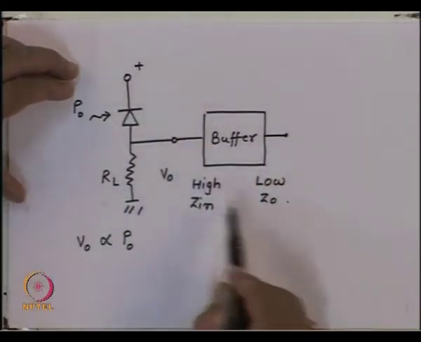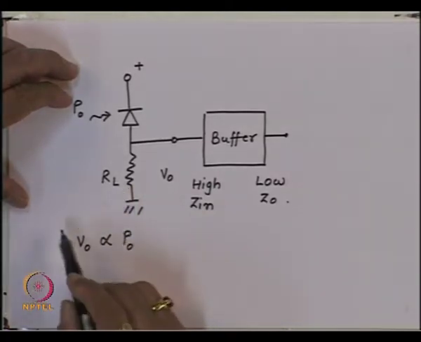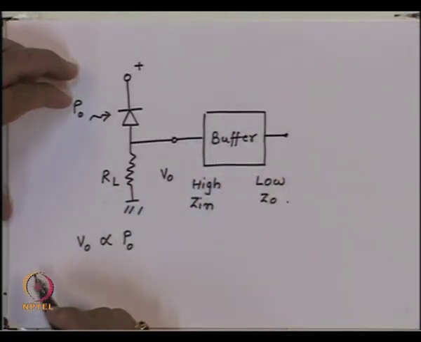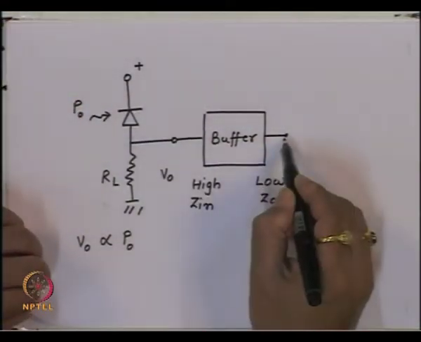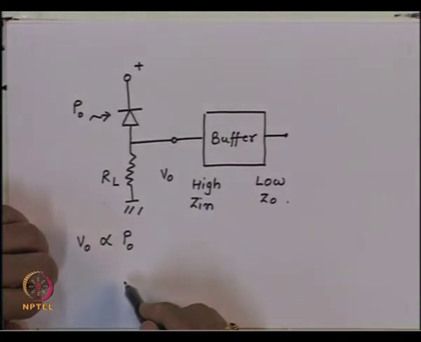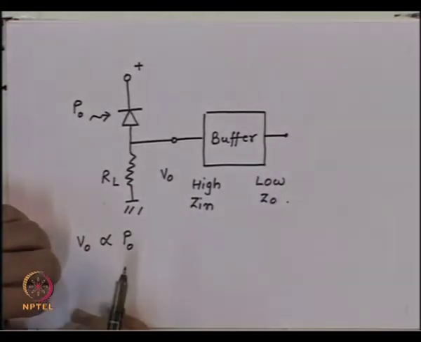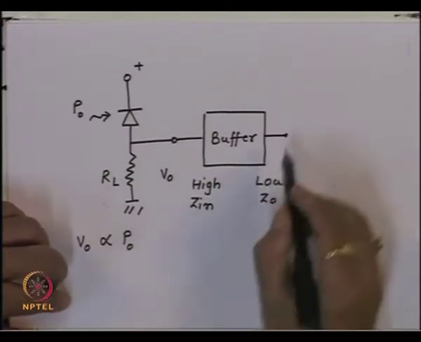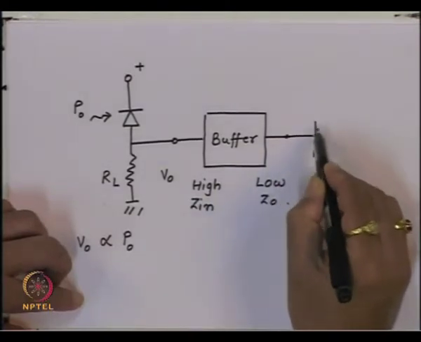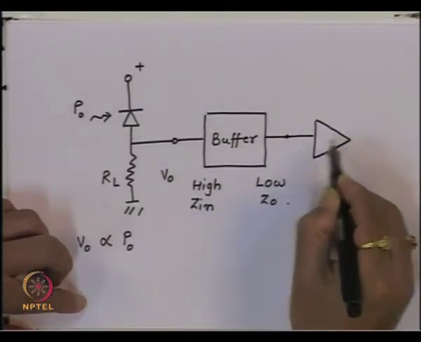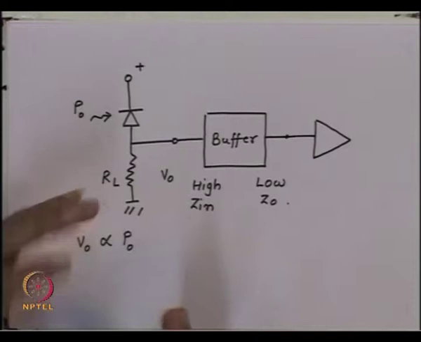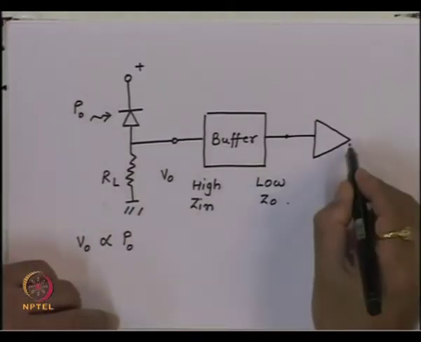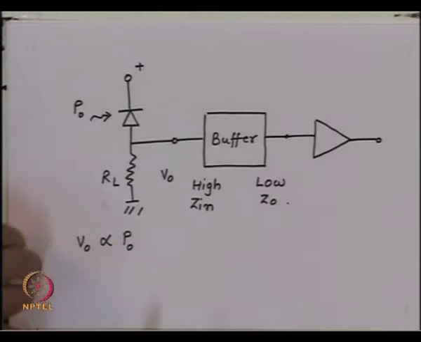So this configuration, a photodiode connected to a load resistance connected to a buffer, is now a more usable configuration, because at this point the output impedance is very, very small, and it can be connected to the following circuit. Let us say the following circuit which you want to connect to is an amplifier which has a certain input impedance. Generally, we have combinations of capacitances and resistances and so on. So that is the configuration which you will get.